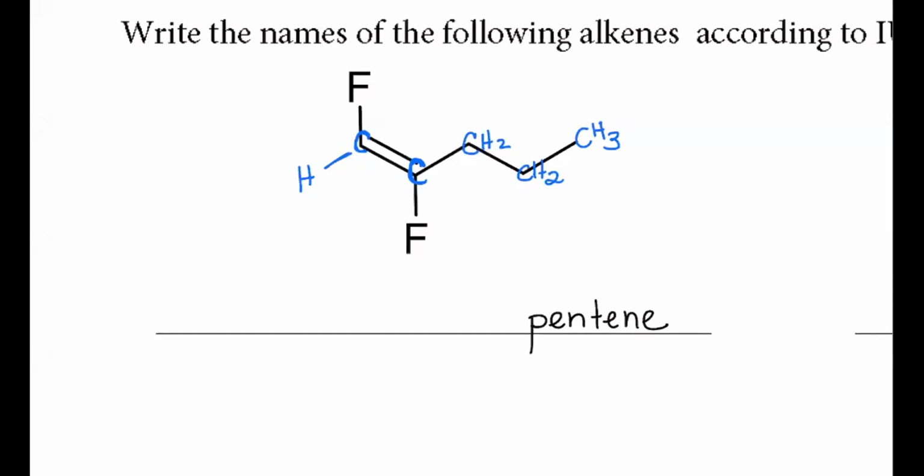Numbering is going to go in which direction, you guys? How do I number my alkene? Great, left to right. So it's going to be 1-pentene, and what's going to be the location and the name of those substituents?